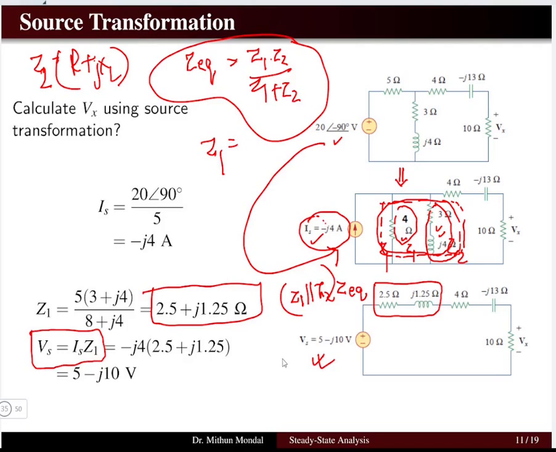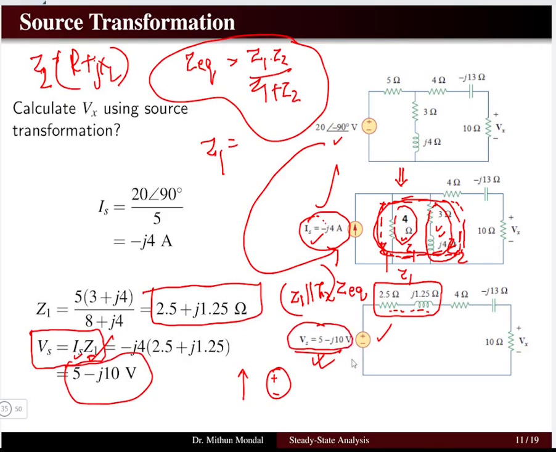The arrow symbol is given upward, so we have positive and negative here, and the voltage is the product of the current Is and the Z equivalent that we have got, which is 2.5 ohms minus j times 1.25 ohms. So my net voltage source comes to be 5 minus j10, which I can put here as the voltage source.